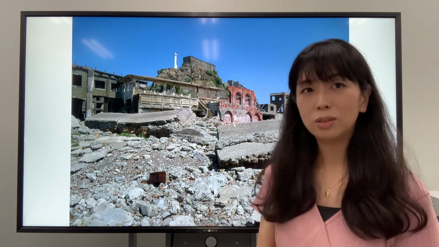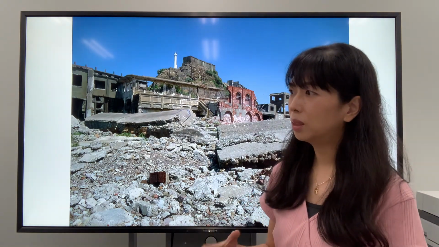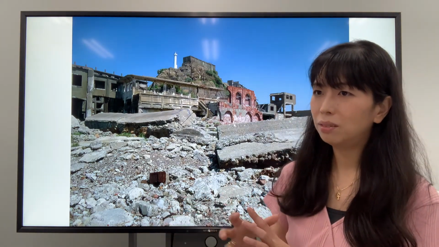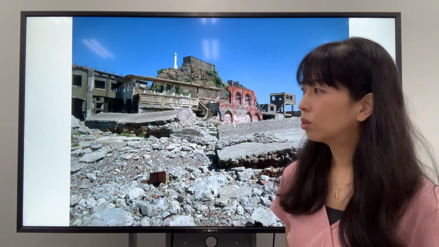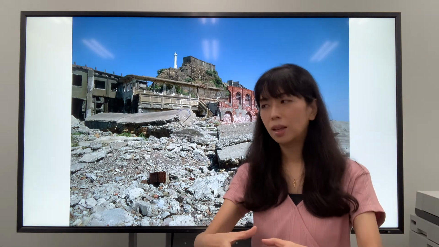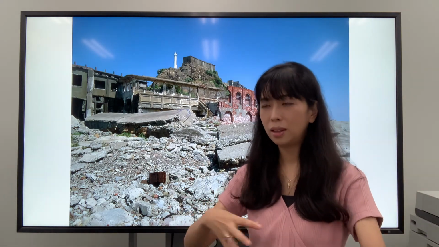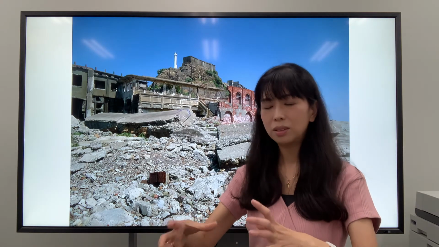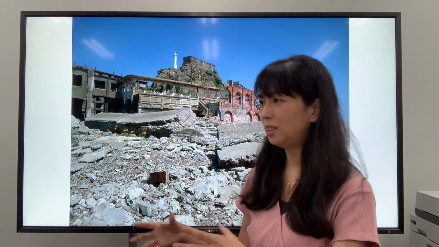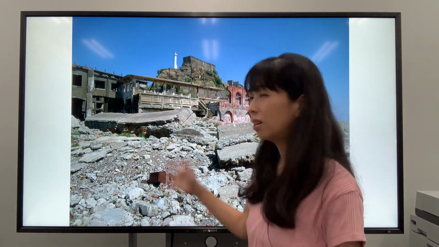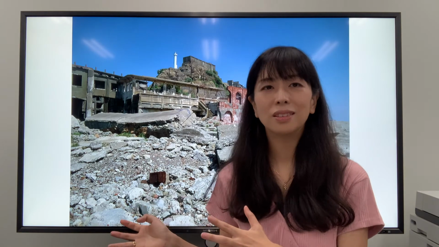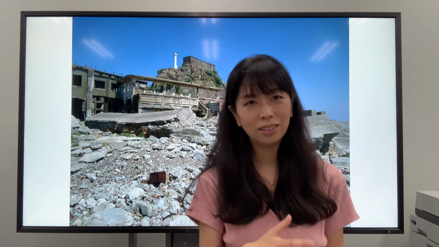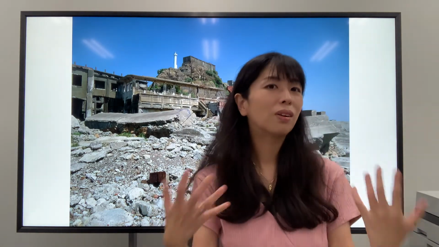And of course, you will have a school, and because the apartments at that moment didn't have individual bathrooms or showers, they had public baths, and people used to go there, and they had community activities in these different facilities located on the island. So from the photo, you may not be able to imagine it, but at that moment when people were actually living there, it was full of activities and the island was full of life.